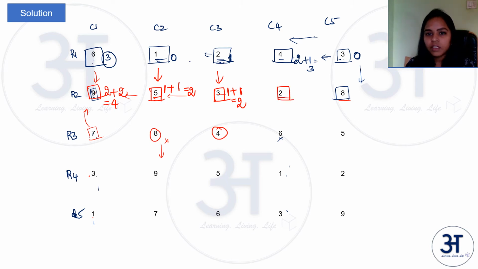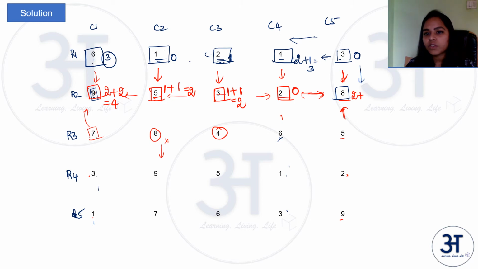Coming to 2, 4, no, it is greater, greater, greater, greater. So 0 for this. Coming to 8, 3 can reach 8, 2 can reach 8, 5 can reach 8. So in the column we have 3, 5 who can reach; 2 can't reach because in between there's a 5 which is greater than 2, and 9 is greater than 8, it cannot reach 8. So in the column it has 2 possibilities for reaching 8.